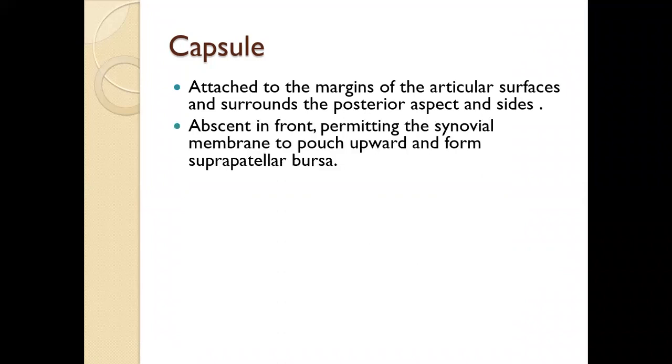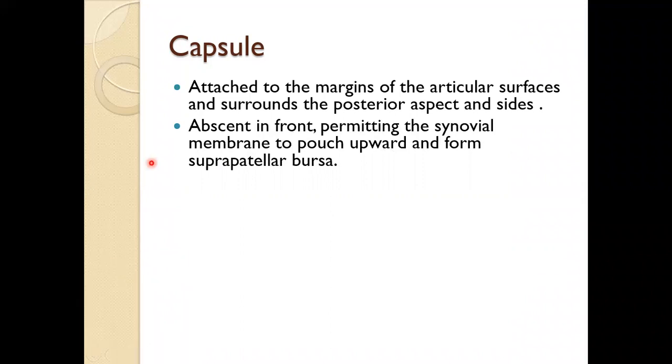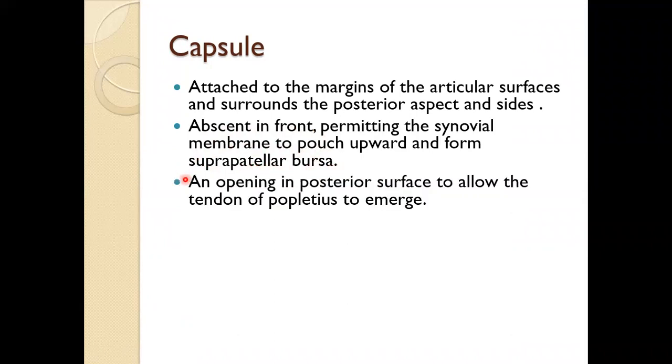It is absent in front, and here it permits the synovial membrane to pouch upward and forward to form the suprapatellar bursa, right? So out of the four walls of the capsule, the anterior wall is deficient, and through it the synovium pouches forward and superiorly to form the suprapatellar bursa.